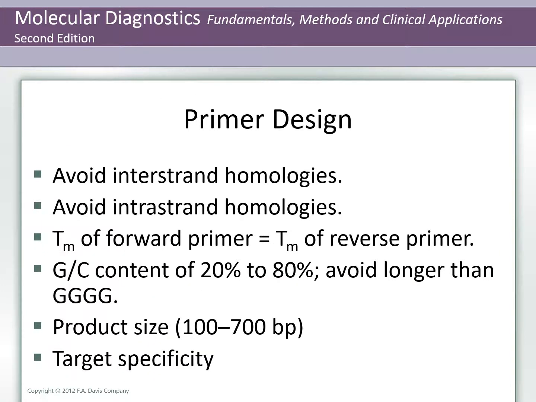Primer design is a critical aspect of PCR. It's important to avoid using primers that may anneal to the incorrect sequence due to similarities in target. Hybridization of primers is subject to the same physical limitations as probe hybridization.